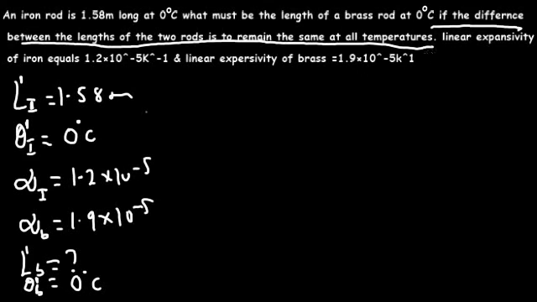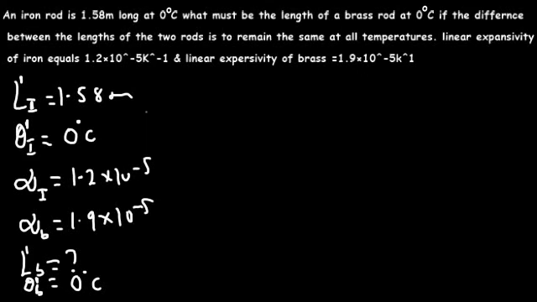What they are trying to tell us is that regardless of how the temperature changes, the increase in length of both substances will remain the same. That is, L2 minus L1 at any temperature change of iron will remain the same as L2 minus L1 at the same temperature change of brass.